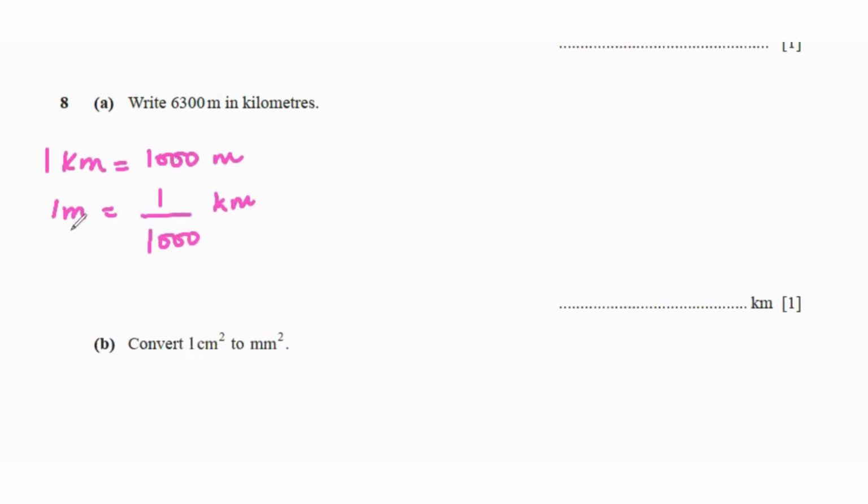If you're going from a smaller to a bigger unit, you divide by 1,000. Since we're going from meters to kilometers, we divide 6,300 by 1,000, and that gives us 6.3 kilometers. You cancel out the 2 zeros, and 63 over 10 is 6.3.